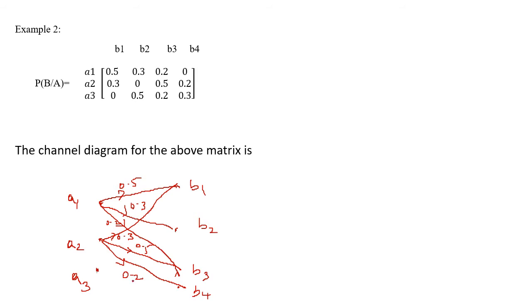Similarly, A3 to B1 you don't have any connection, and from A3 to B2, B3 and B4 the respective values are 0.5, 0.2 and 0.3. So this is how you write the channel diagram.